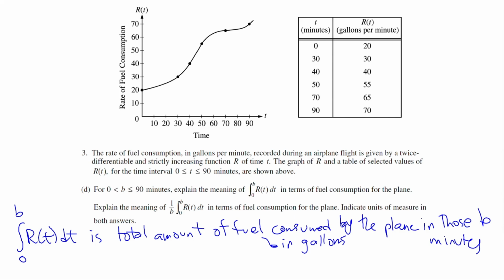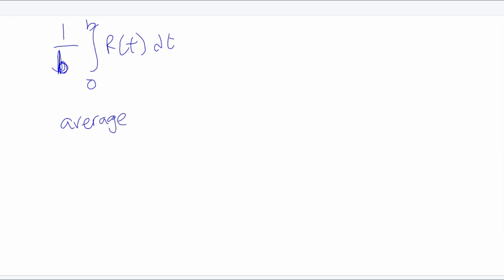And then the other one, which I'm just going to go to another page for because I don't really have any room here: 1 over b times the integral from 0 to b of r of t dt. Well, that's 1 over b minus a times the integral from a to b of the function. So that is the average value of the rate it's being consumed.